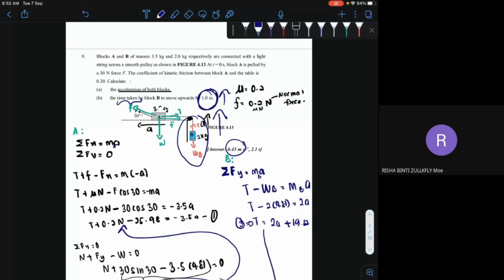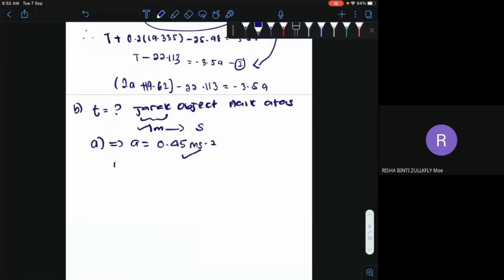Okay. Dia kata at T is equal to 0, a block A is pulled. Okay, maksudnya sebelum itu objek A ni kita tak tarik. Okay, it was initially at rest. Pada T sama dengan kosong baru kita start to pull dia and then you experience an acceleration dekat sini. So in this case, initial velocity kamu adalah 0.